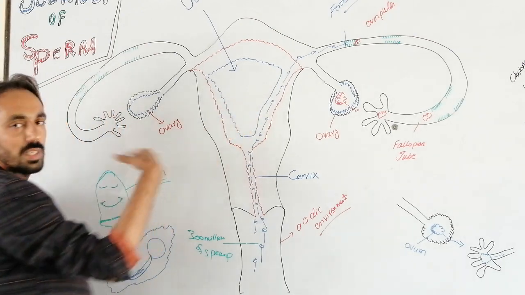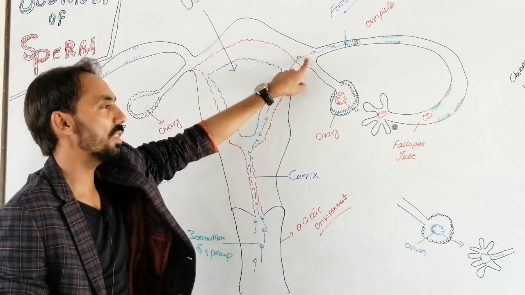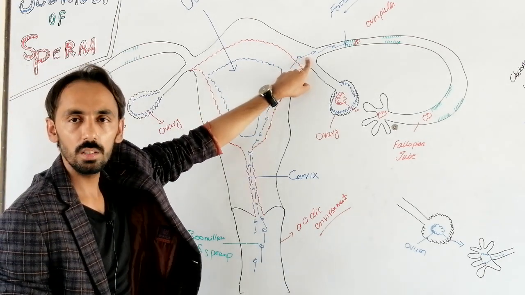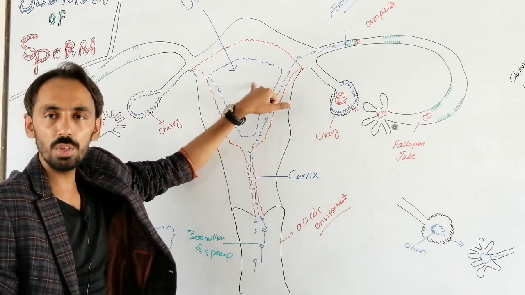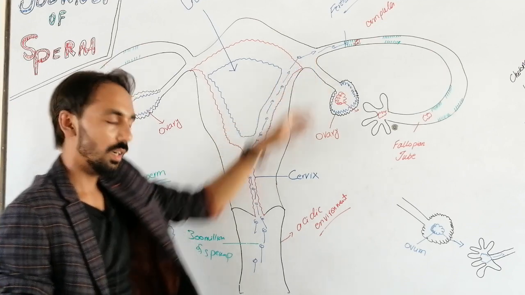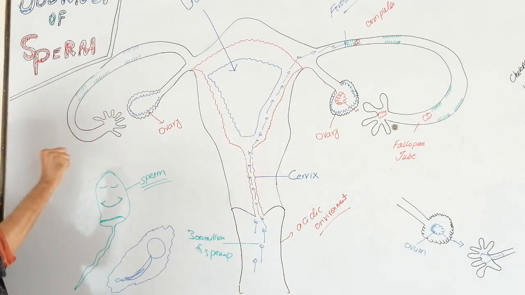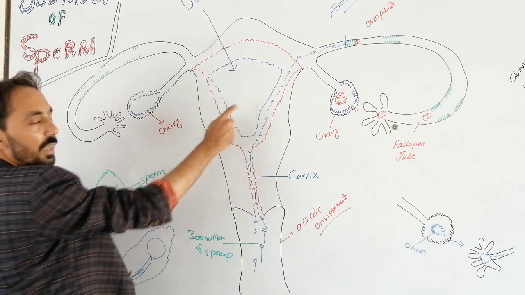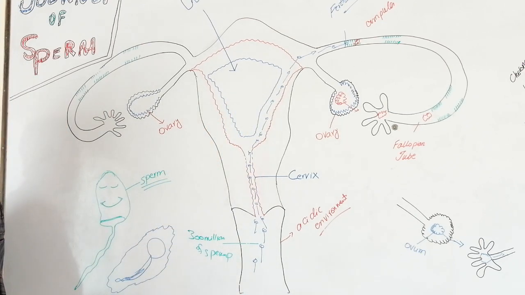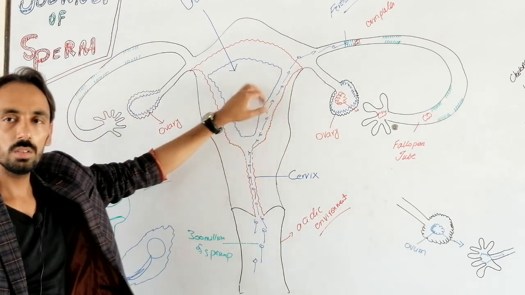This uterus will send a chemical signal when the sperm is at least 15 centimeters away. The head of the sperm will detect the chemical signal which is sent by the uterus. So this sperm can easily travel through the uterus.